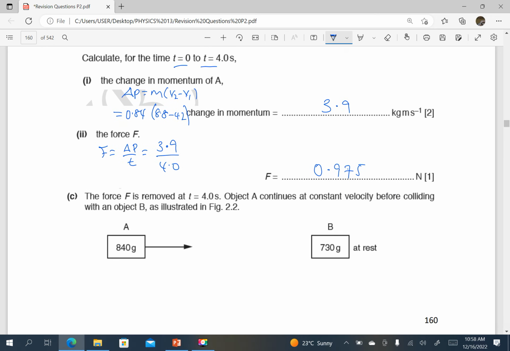Okay, let me check this again. 8.8 minus 4.2 times 0.84. Okay, 3.9. Okay, so this is 0.975 or 0.98, whatever.